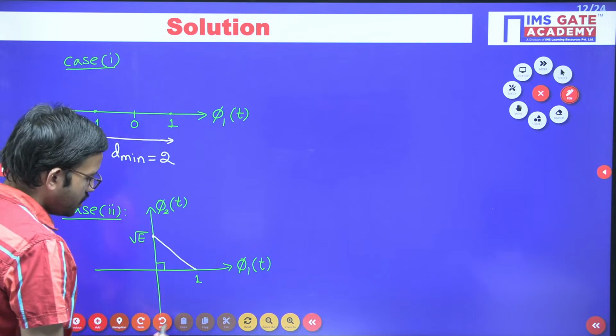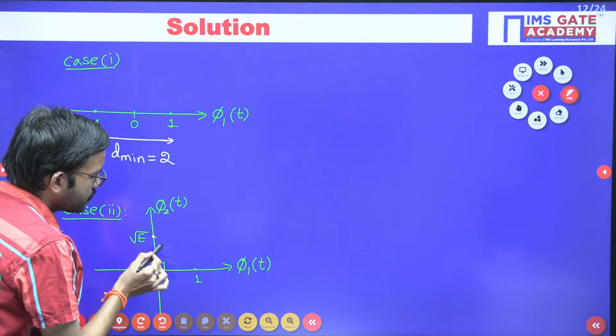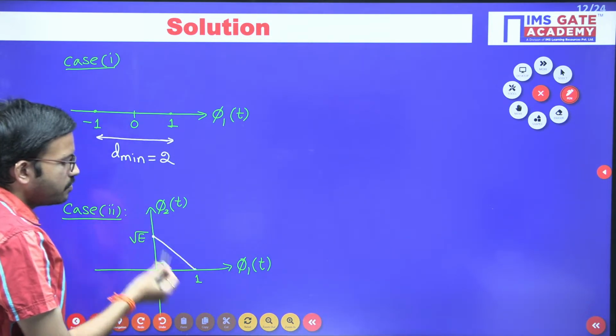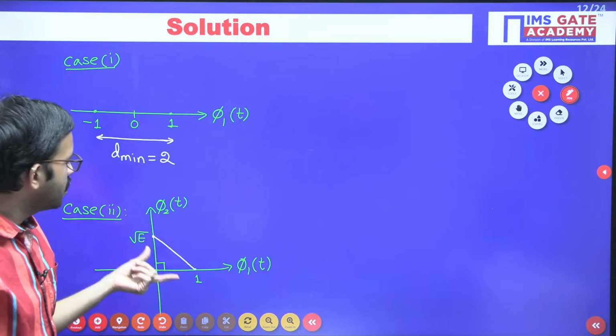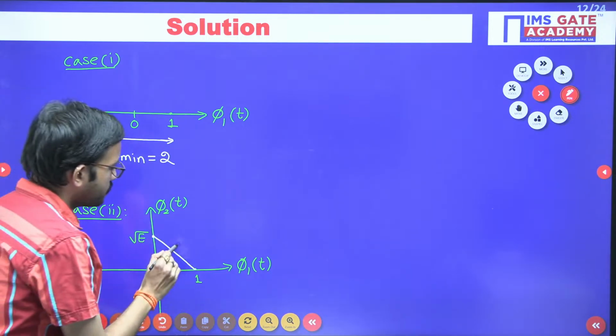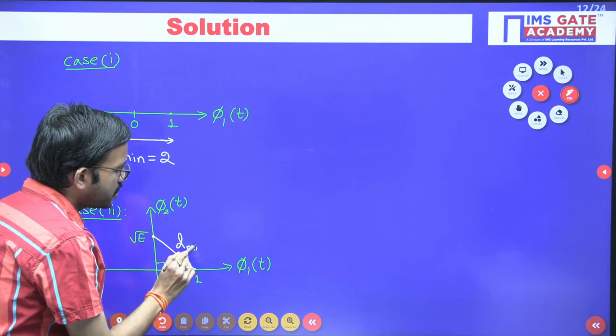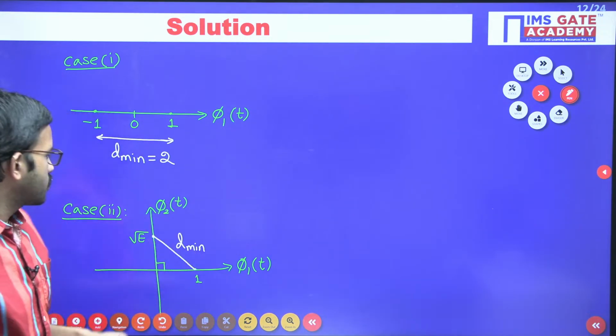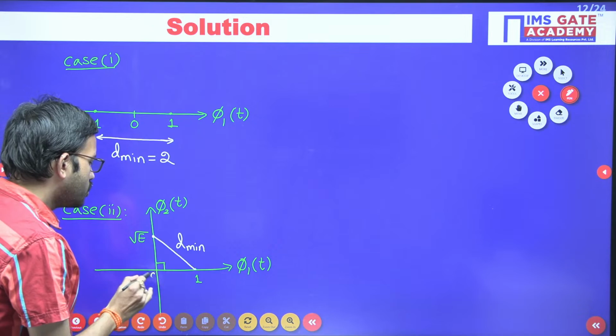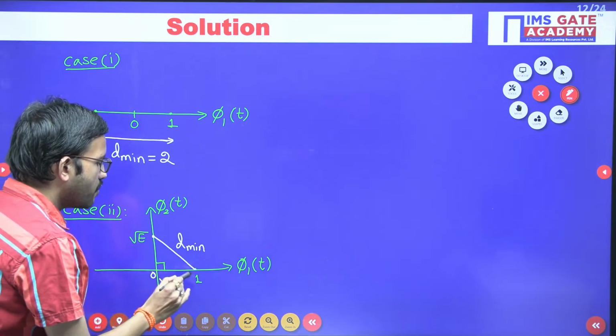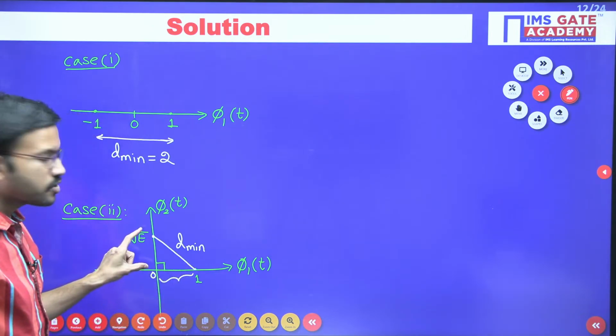When you draw the line between these two symbols, you get the minimum distance. Here, this is the 0 point. Here you are having 1 unit, and here you are having root E units.